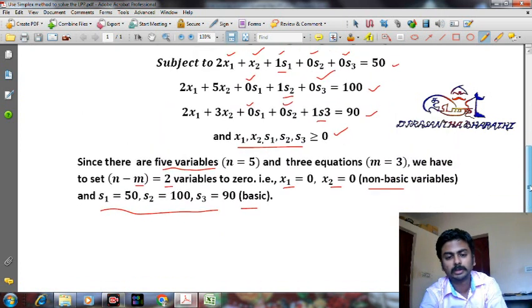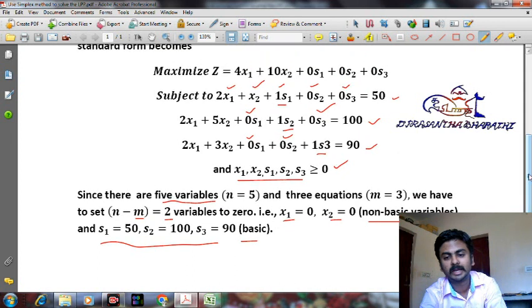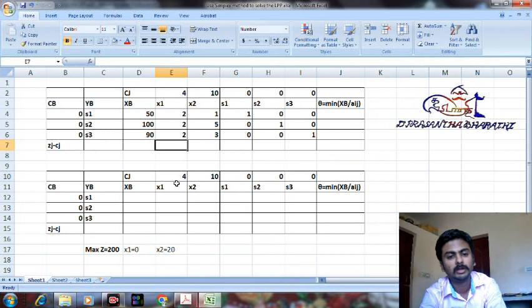Okay, so now we are going to solve this LPP in Excel. We want to write the coefficients of all the variables in the objective function here: 4, 10, 0, 0, 0.